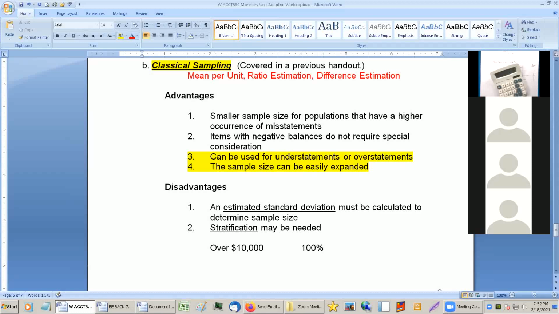Accounts from 1,000 to 10,000, you test 40% of those. And accounts under 1,000, you test 5% of those. So that's stratification.